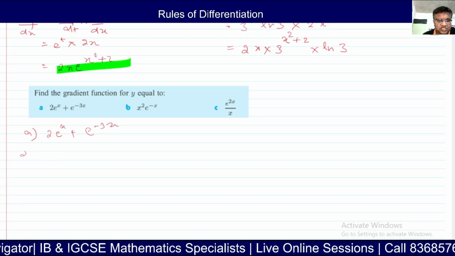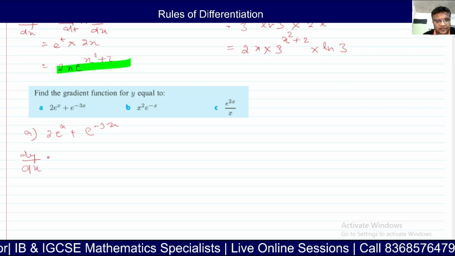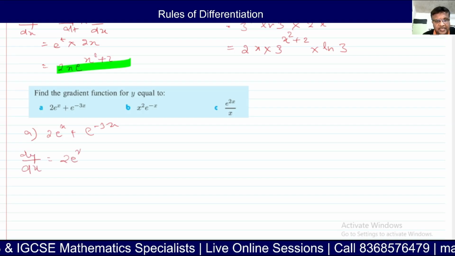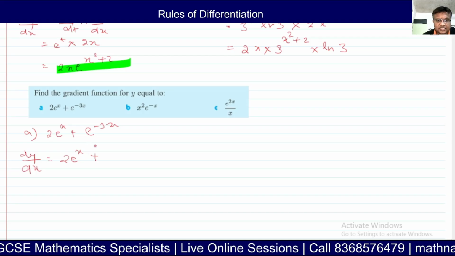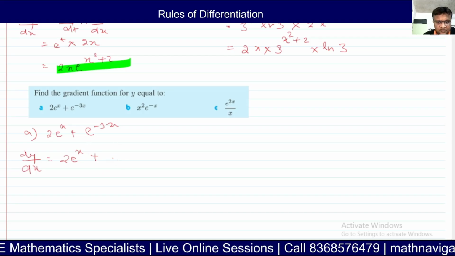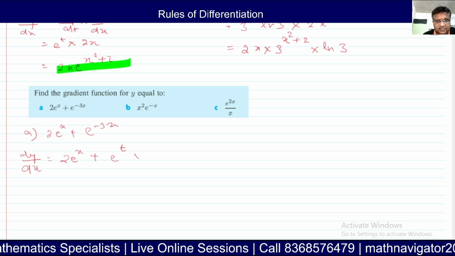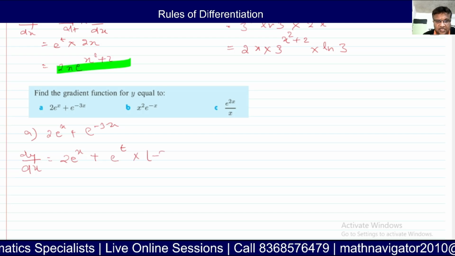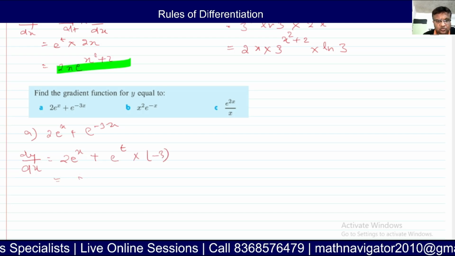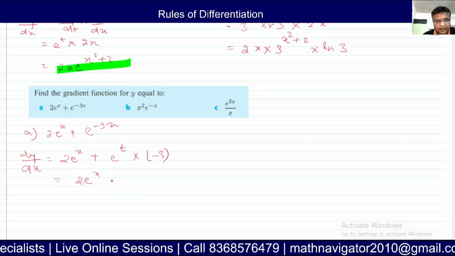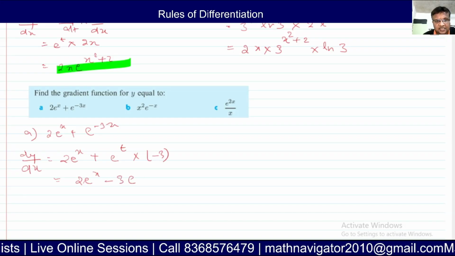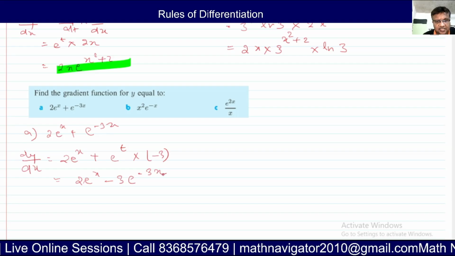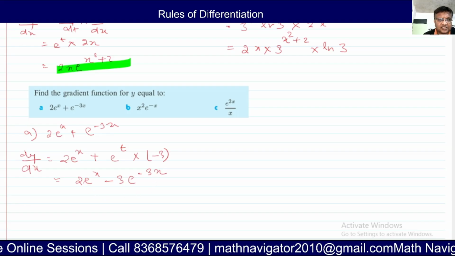So dy by dx will give me 2e^x. Then if you take it as t, e^t times minus 3, which will give me 2e^x minus 3e raised to the power of minus 3x. So this is my answer for the first part.